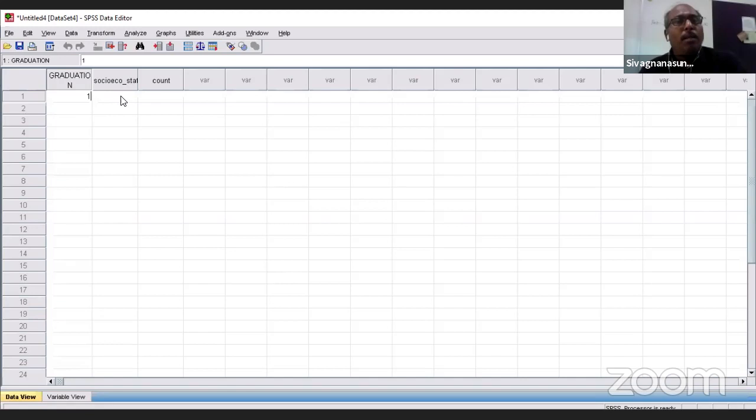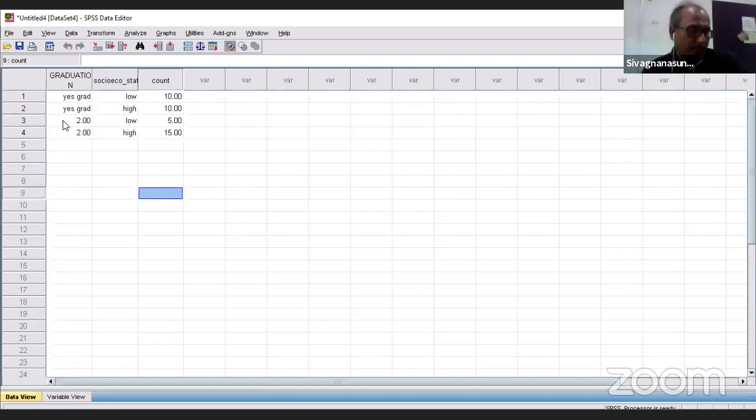So 1, 1: how many? 10. I'll explain what that 1, 1 is. 1, 2 is also 10. Then 2, 1 is 5. Then 2, 2 is 15. Now you see here, I have not defined it properly.